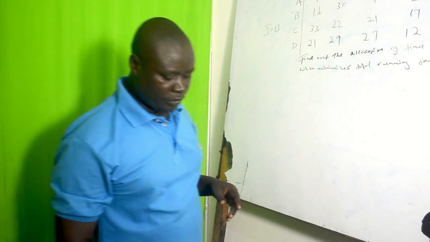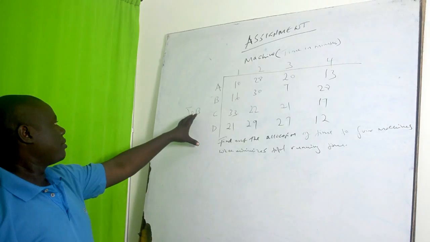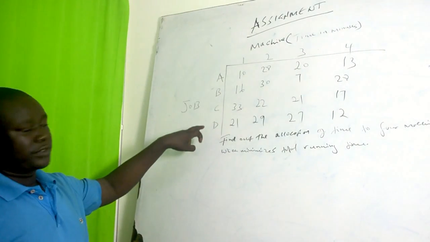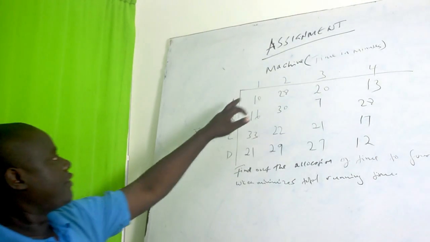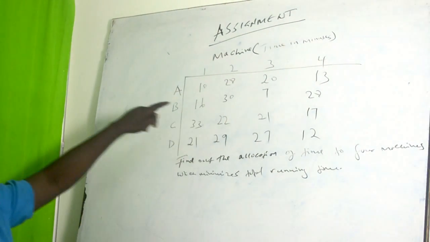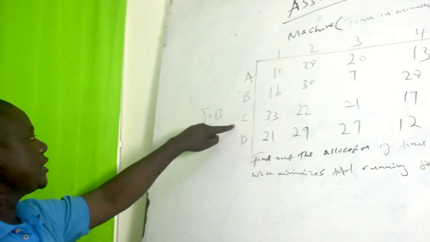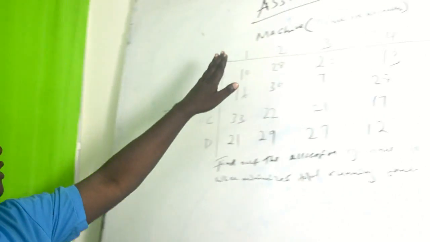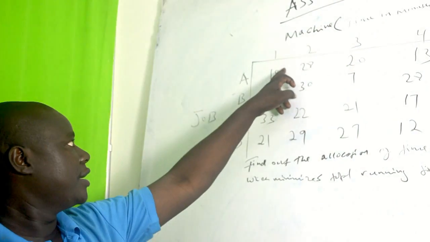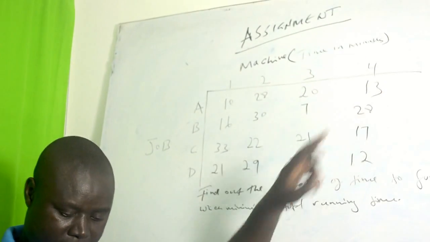Now, you can be given an example like this. In this example, we have 4 jobs. These 4 jobs are assigned 4 machines. So we have job A, job B, job C, and job D. These jobs are assigned 4 machines: machine 1, machine 2, machine 3, and machine 4.